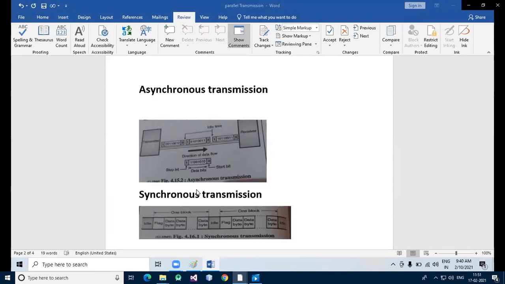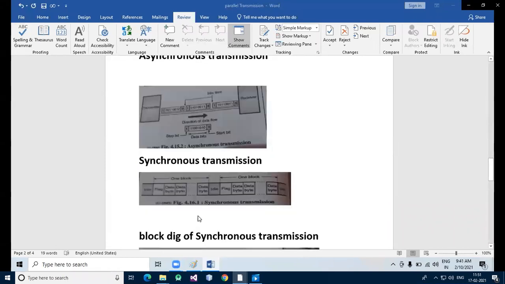As soon as it detects the stop bit, it waits until it detects the next start bit. So the meaning of asynchronous is that it is asynchronous at the byte level, but the bits are still synchronized, so their durations are the same. So this is about asynchronous transmission.